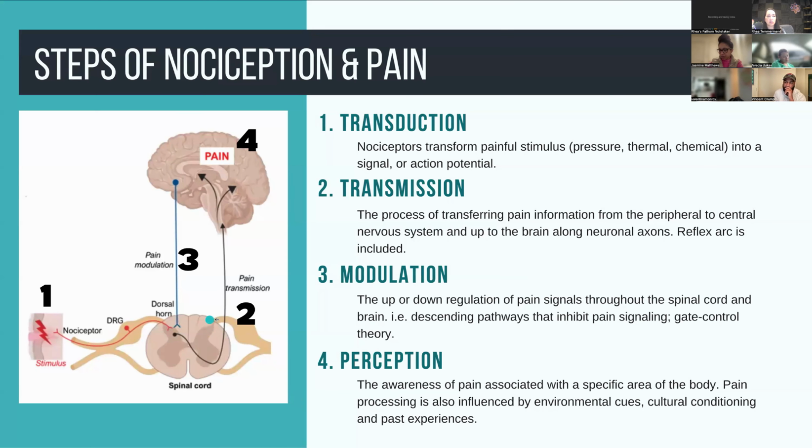So this stage is called modulation. And this is a way to inhibit the pain signaling. We're going to go through all the chemical structures and that's happening at this area here. So that's modulation, a way to decrease pain. And last is your perception.